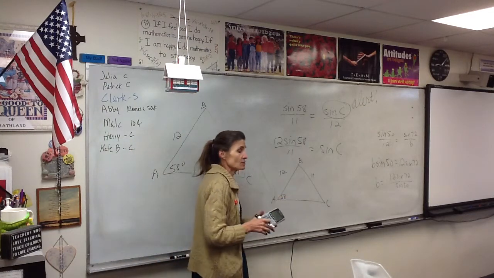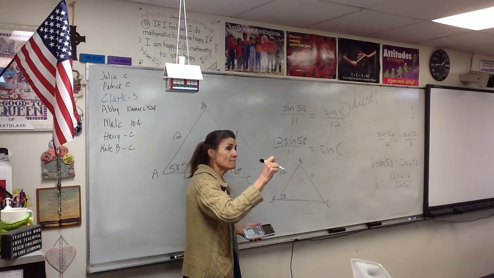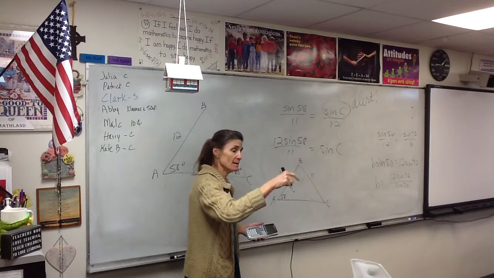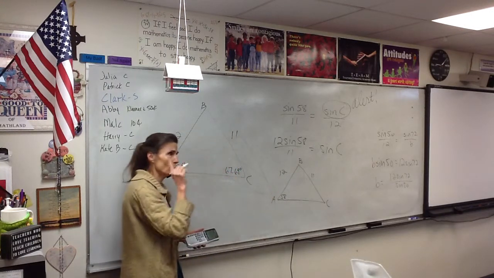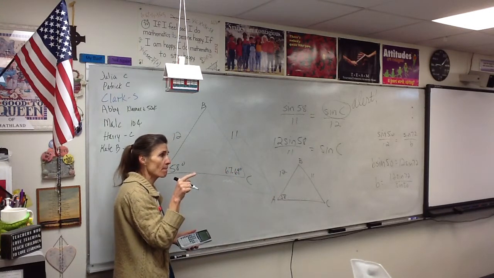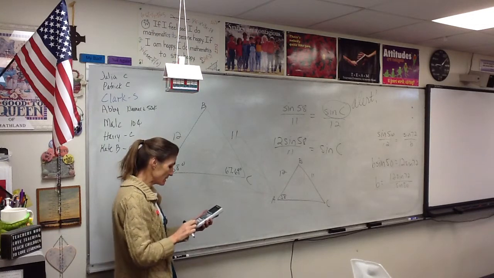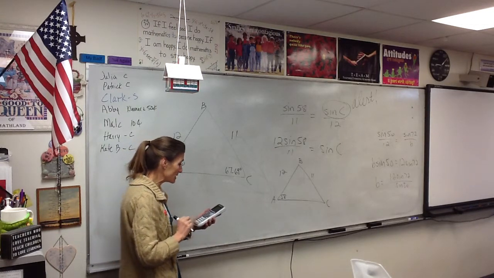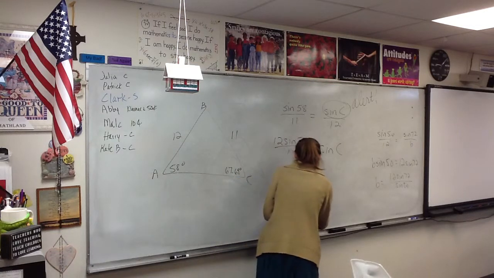The second answer will always be the supplement of the first answer. So what do I mean by supplement? 180 minus. So I'm going to take 180 minus my 67, and this would be 112.31.